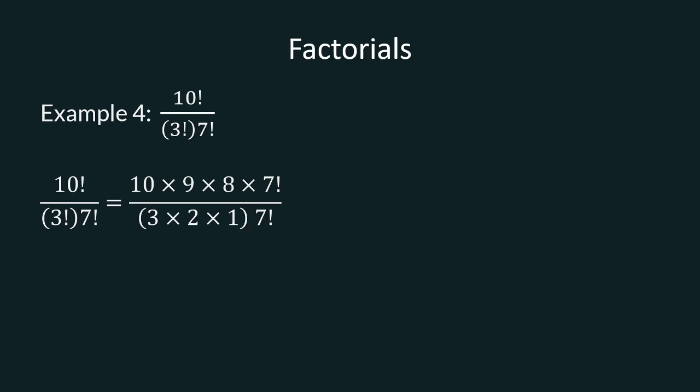And in the denominator, we expand the 3 factorial, then we keep the 7 factorial without expanding it, because 7 factorial can just cancel out the 7 factorial in the numerator, and we are left with 10 times 9 times 8, which is 720, divided by 3 factorial, which is 3 times 2 times 1, which is 6. Now 720 divided by 6 gives us 120.